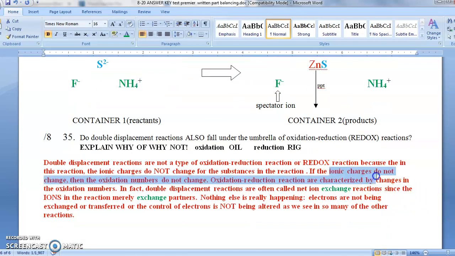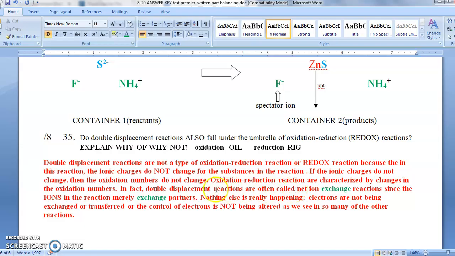So the ionic charges do not change. If the ionic charges do not change, the oxidation numbers do not change, because the oxidation number is always the same as the ionic charge, just written differently. Ionic charges are written number followed by charge. Oxidation numbers are written charge followed by number.